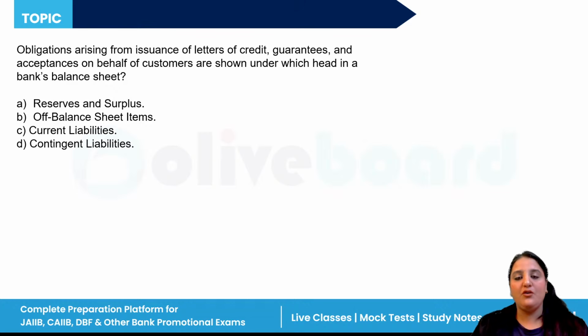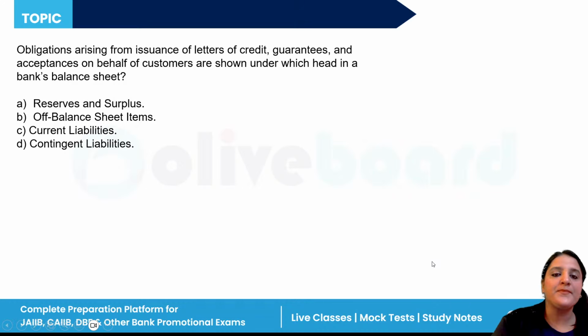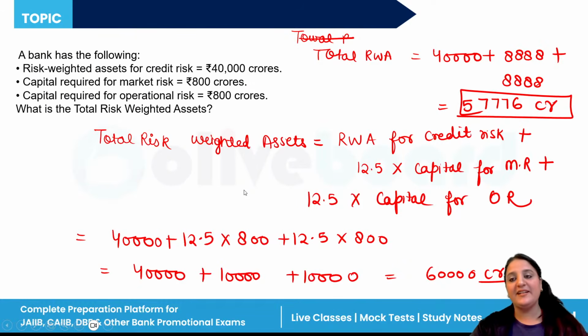One and only contingent liabilities, because a bank's obligations under issuance of letters of credit, guarantees, acceptances on behalf of constituents, and bills accepted by the bank on behalf of its customers are reflected under contingent liabilities. So the correct answer here is option D, contingent liabilities. Okay, so is that clear?